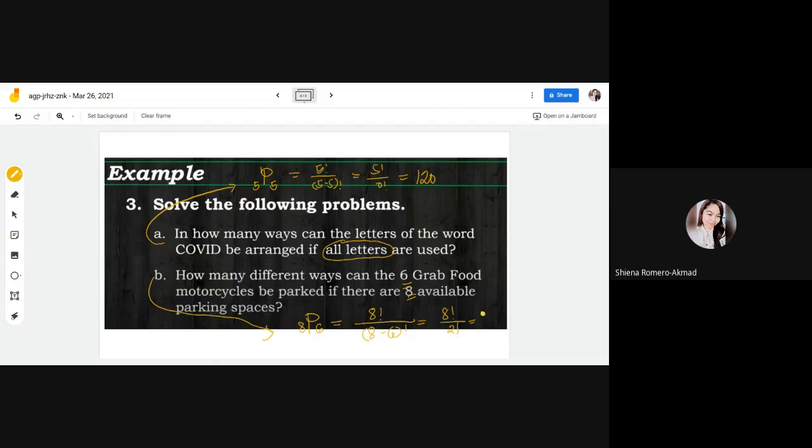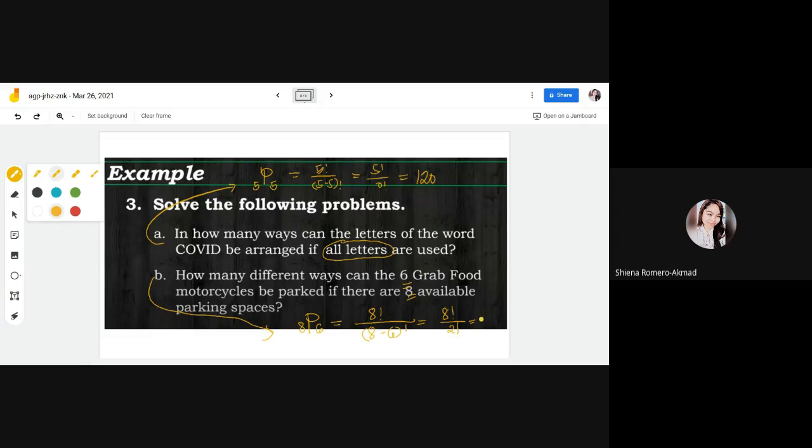This is 8 times 7 times 6 times 5 times 4 times 3 times 3 lang. Or simply, you can get the value of 8 factorial and 2 factorial, then you'll get the answer. So what will be the answer here? 20,160.